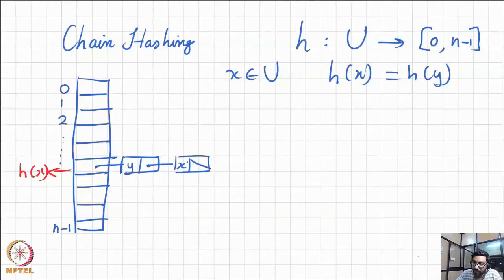And in this manner, the items that hash into a particular location are stored as a linked list. And so your final picture would look something like this.